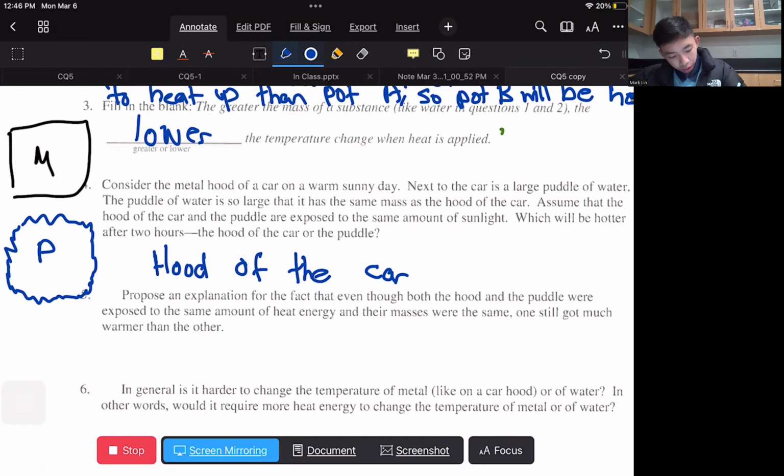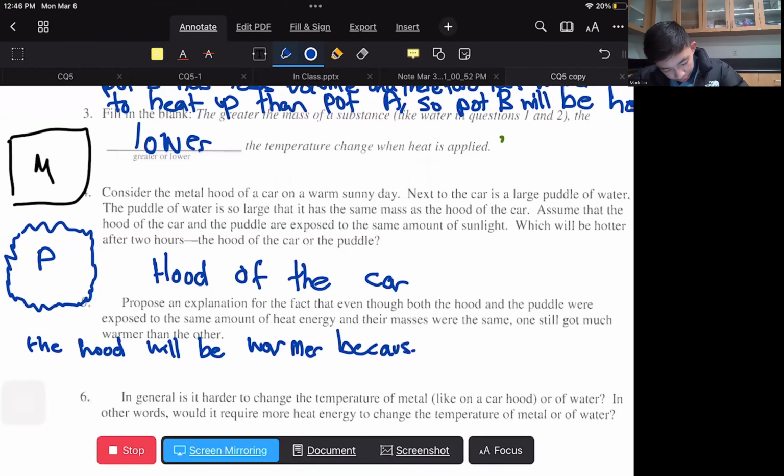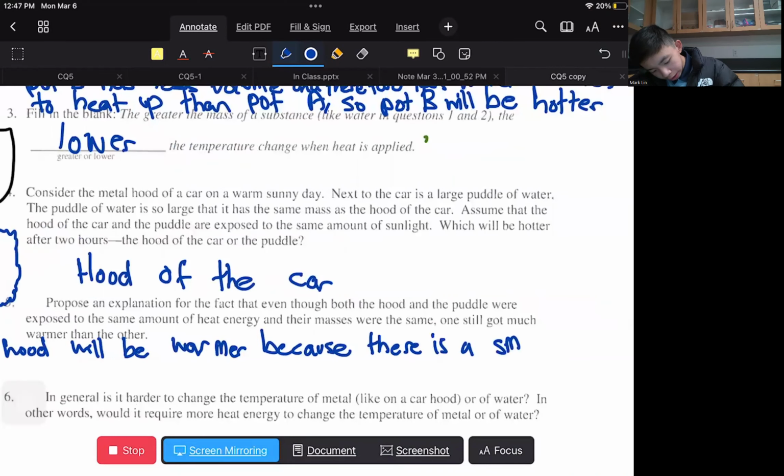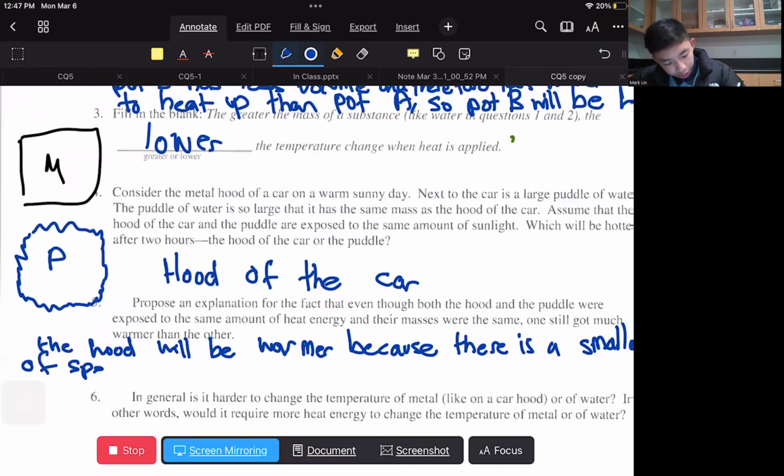So the hood will be warmer because it has a small amount of specific heat capacity than water.